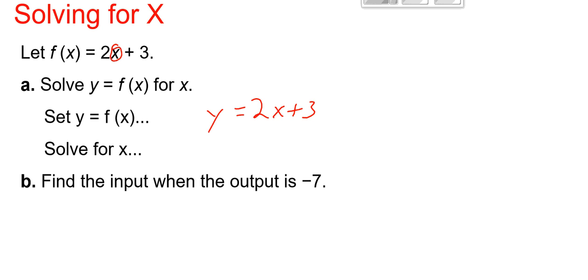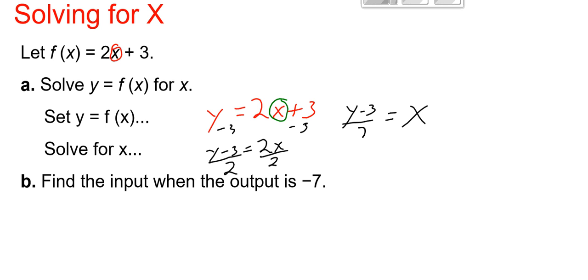I always like to say I'm trying to isolate that value, so I'm going to pull away the layers next to it. First, I'm going to subtract 3 from both sides. I get y minus 3 equals 2x. Divide this entire side by 2, and what I get out is x is equal to y minus 3 over 2.